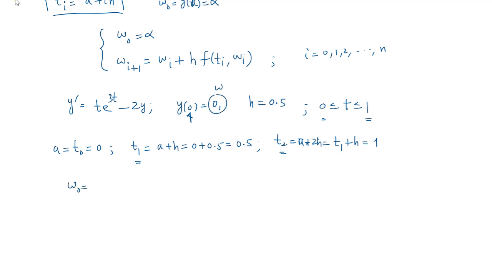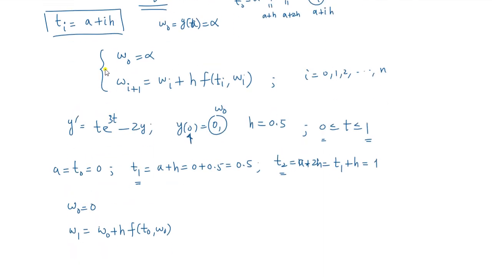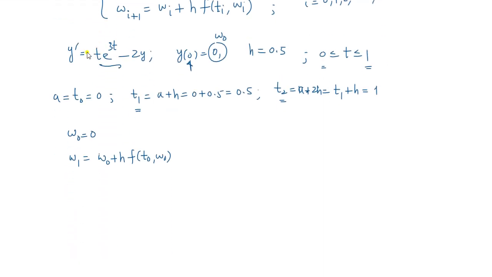Now your w naught is the right hand side here, so that is 0. This is the first point. Now w1 will be w naught plus h f of t naught, w naught, right? This is f of t, y.